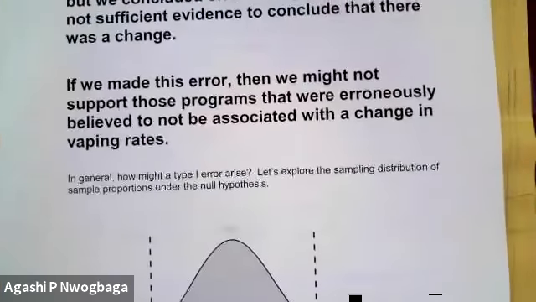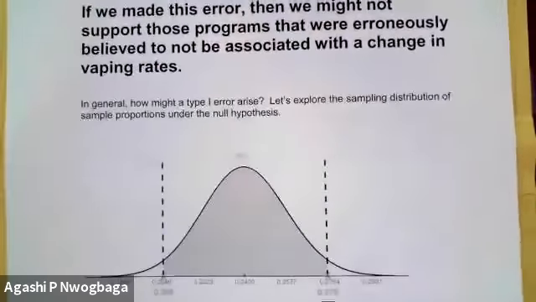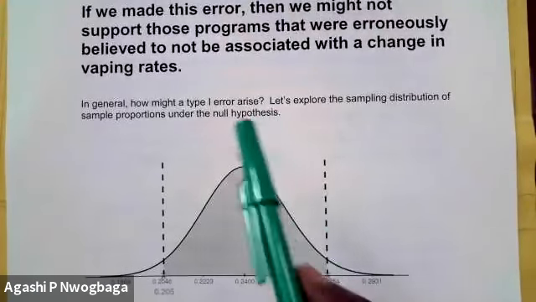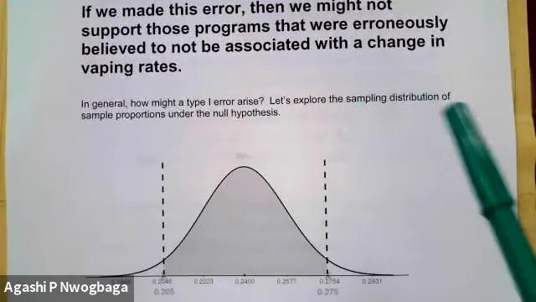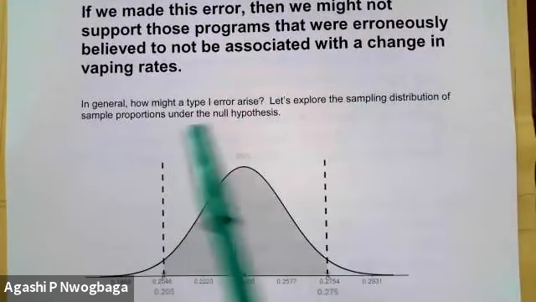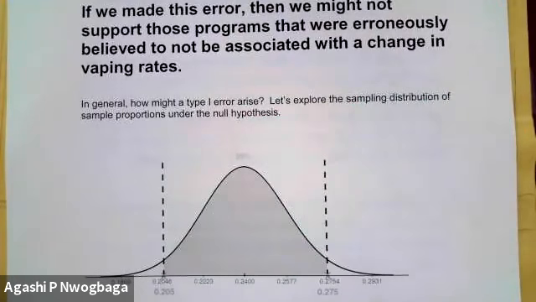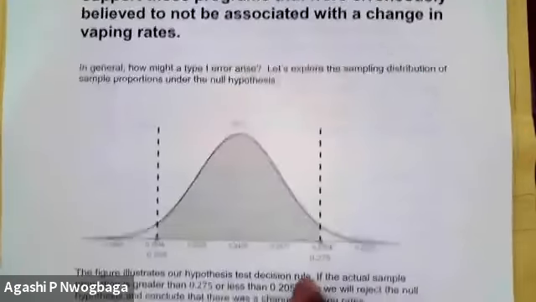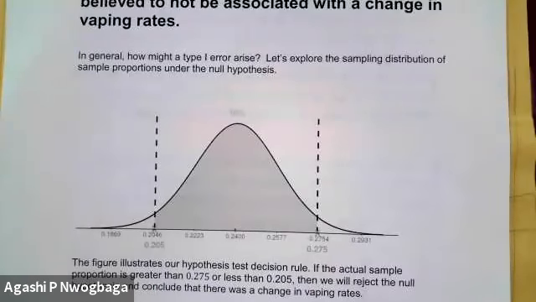In general, how might a type 1 error arise? Let's explore the sampling distribution of sample proportions under the null hypothesis. And there's a graph. The figure illustrates our hypothesis test decision rule.